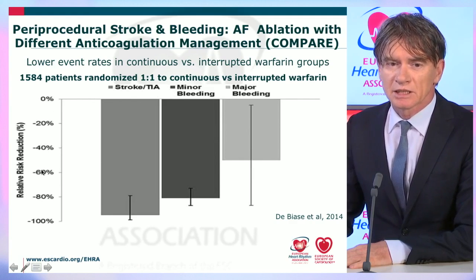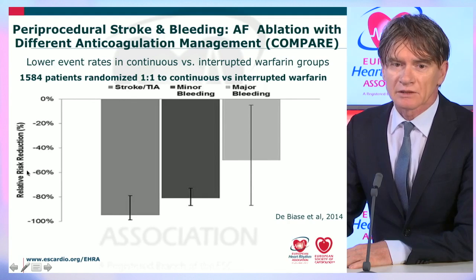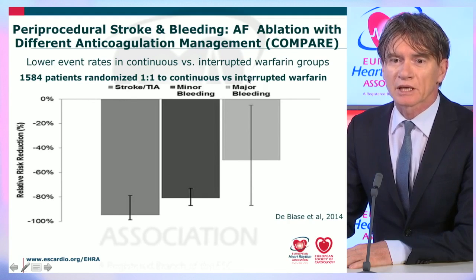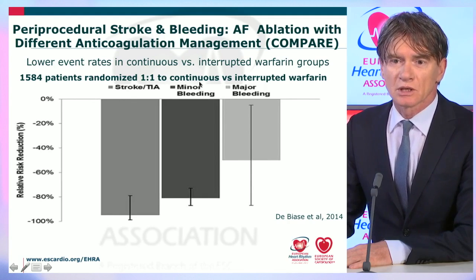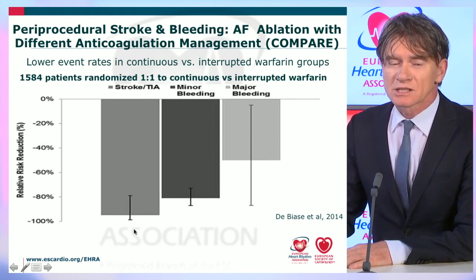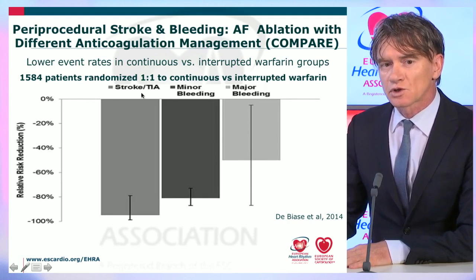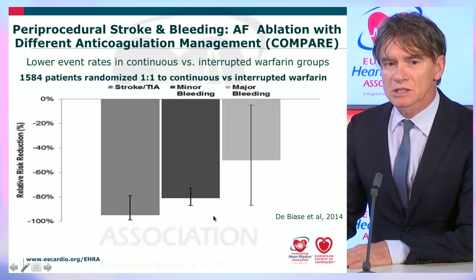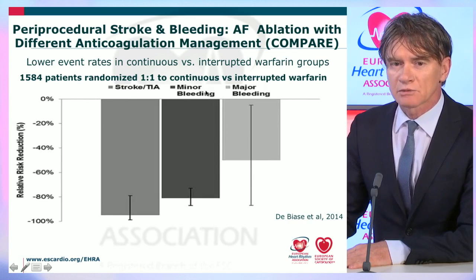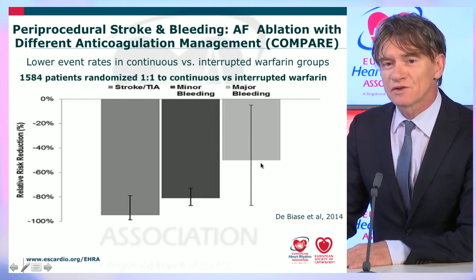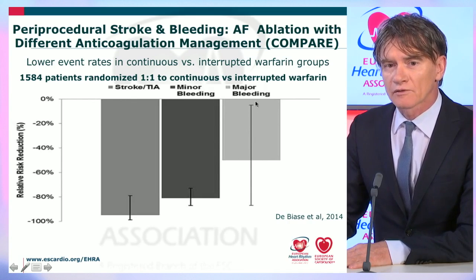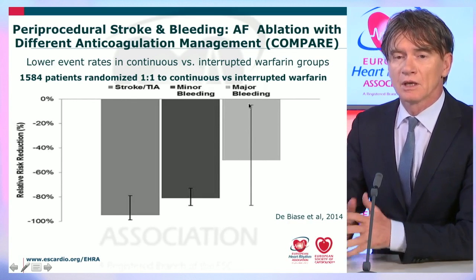And the data outcomes showed a relative risk reduction in patients being assigned to continuous warfarin of minus 90% in the incidence of stroke or TIA, minus 80% in the incidence of minor bleeding, and about minus 50% in the incidence of major bleeding.